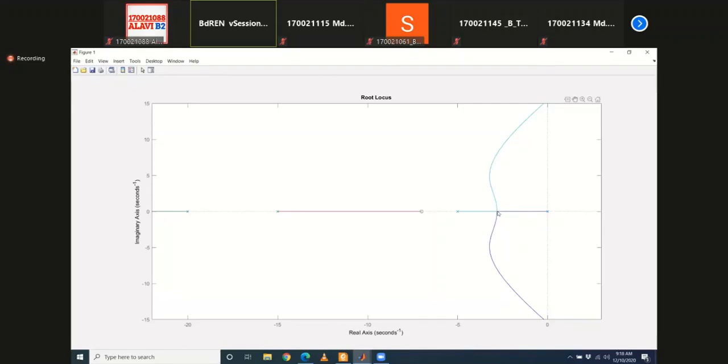Then you have to find out the angle of departure, basically, which is the angle at which they leave. These are not important for the lab. In the lab, you might just have to know how to draw a basic rough sketch. But I think in your theory class, you need to learn how to draw an exact root locus diagram. There are many formulas to do that, for example, to find the point where they diverge.